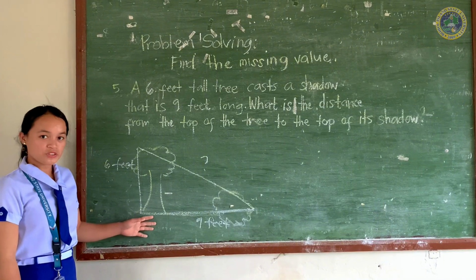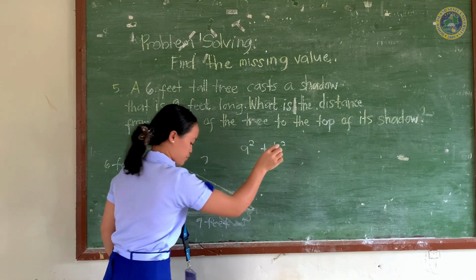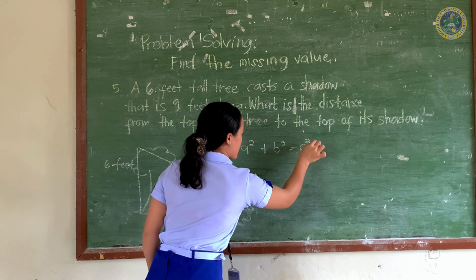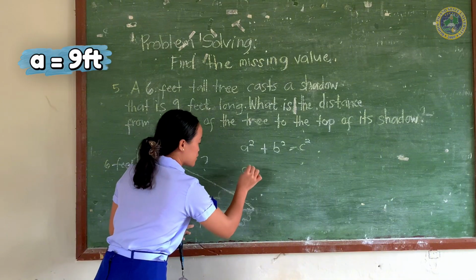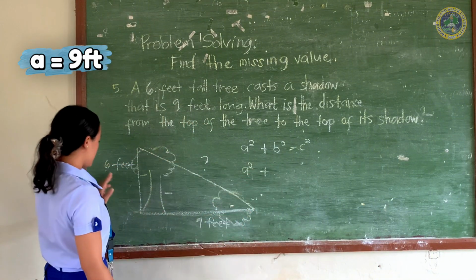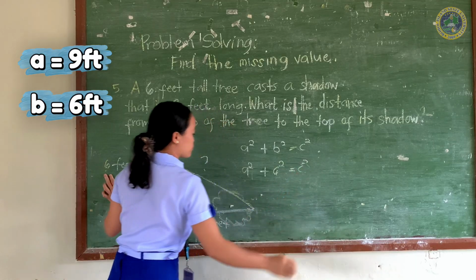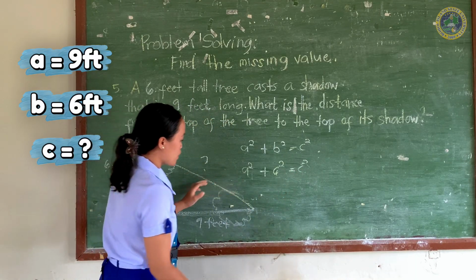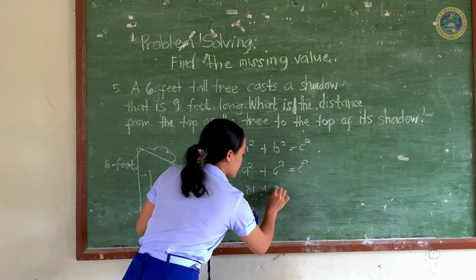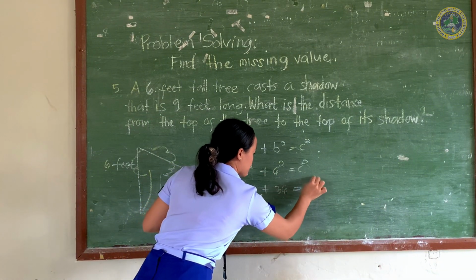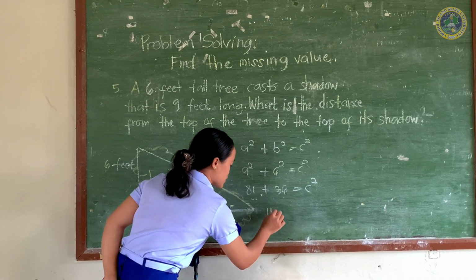So let's use the Pythagorean formula. A squared plus B squared equals C squared. So our A squared would be 9 feet. So 9 squared plus 6 squared. 9 squared equals 81 plus 6 squared equals 36. 81 plus 36 equals 117.